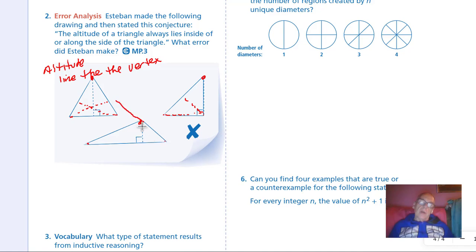This is the base here, the opposite side line, and this would be the altitude that would go with that vertex. So an altitude is a line through the vertex that is perpendicular to the opposite side.